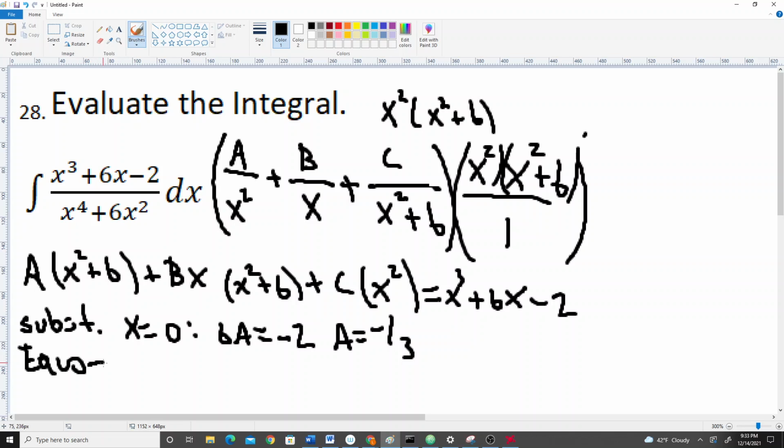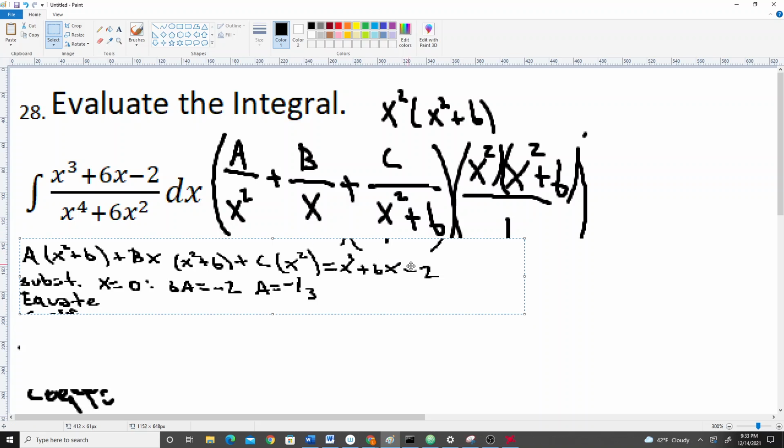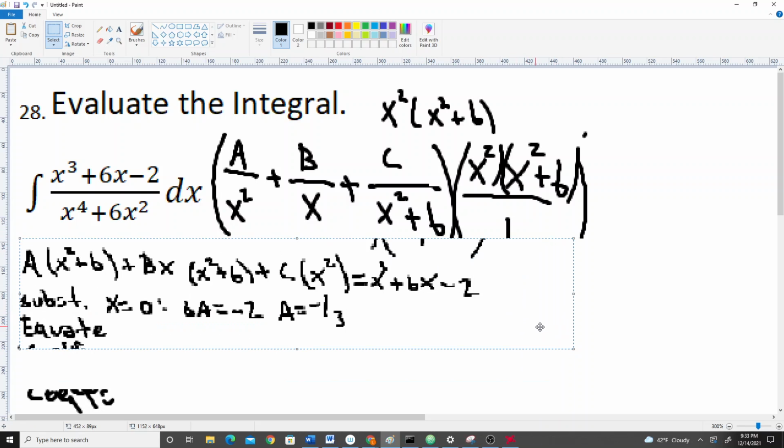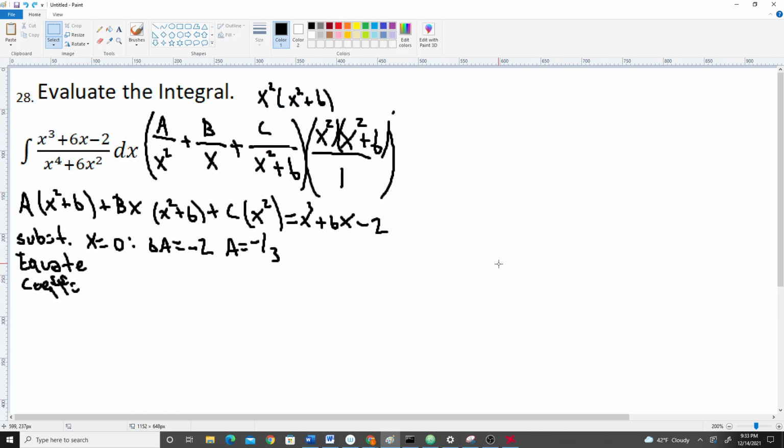The way equate coefficients works is whatever the coefficient for a power of x is in the numerator, that's equal to whatever you got from factoring that out. I know that sounded confusing, so I'll show you what that looks like right now. Let me shrink this down so I have a little more room.